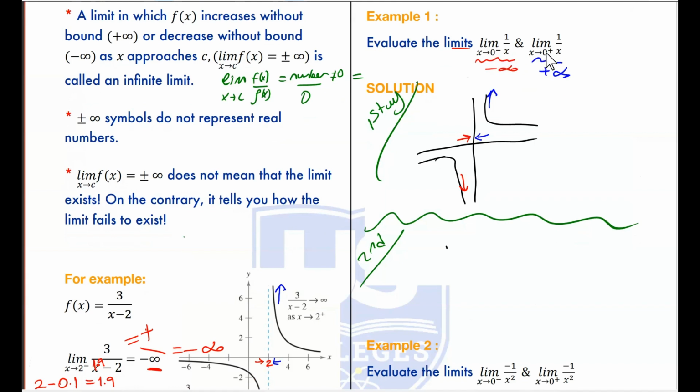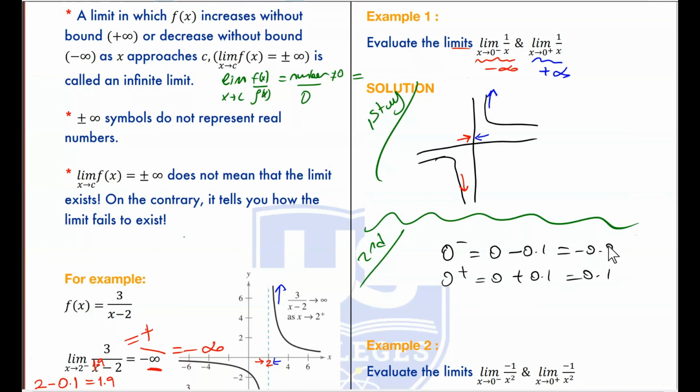For right-sided, bigger than 0. So for left-sided, it's going to be 0 minus 0.1, which is negative 0.1. From the right, 0 plus 0.1. From the left, you subtract 0.1 from 0. From the right, you add 0.1 to the number, 0.1.